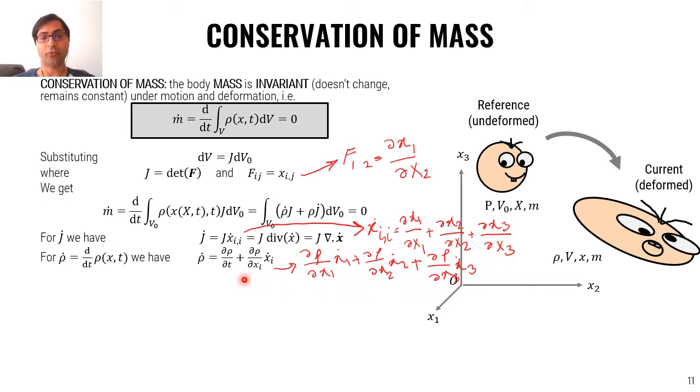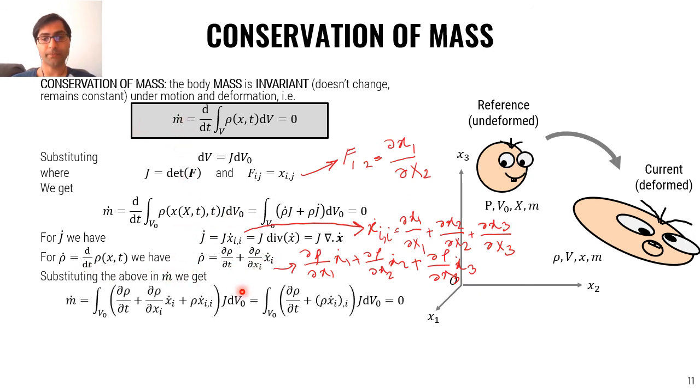And for the term partial rho partial x_i times x_i dot, if we expand it, we get partial rho partial x1 times x1 dot plus partial rho partial x2 times x2 dot plus partial rho partial x3 times x3 dot. Substituting these two for m dot, we get m dot equal to (partial rho partial t plus partial rho partial x_i x_i dot plus rho x dot_i comma i) J dV0.